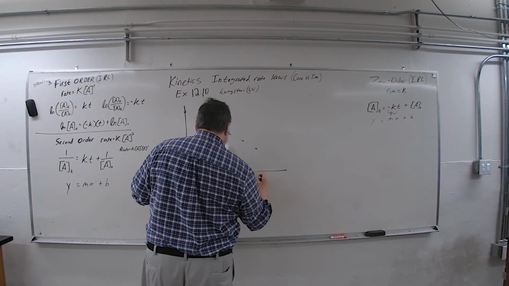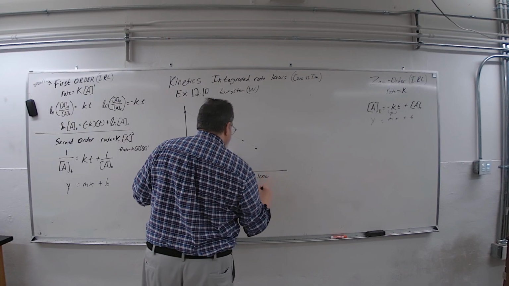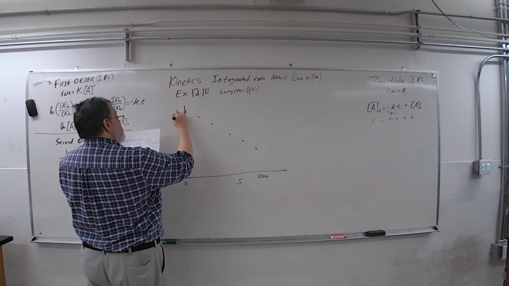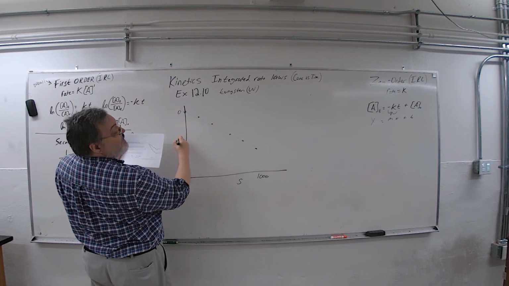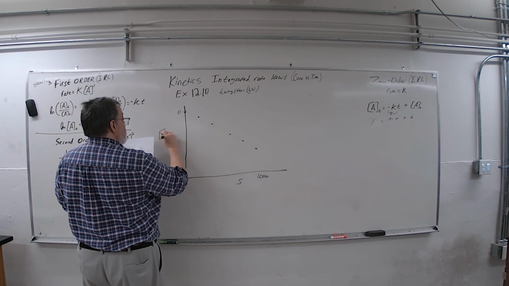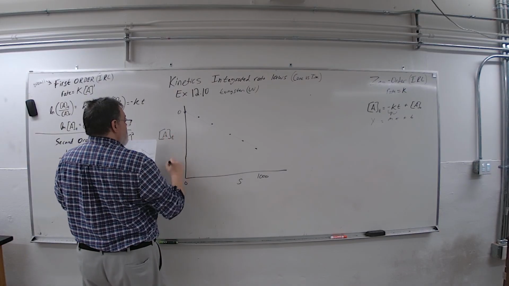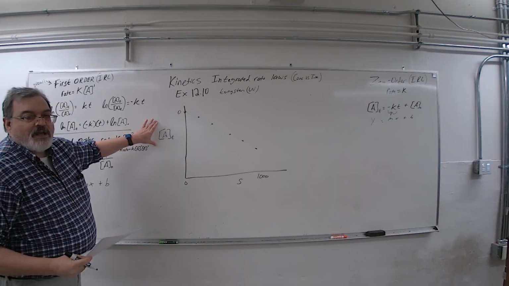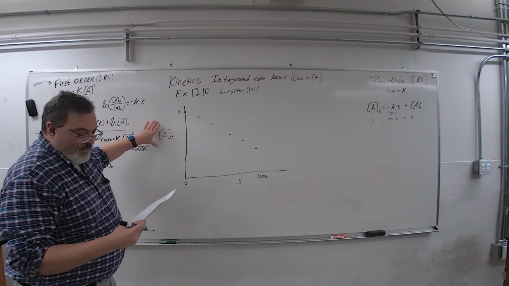And definitely this point is 1,000 seconds. This is definitely 0 on the concentration. It's not 1 over A, it's not natural log of A, it's just A, the concentration of A.